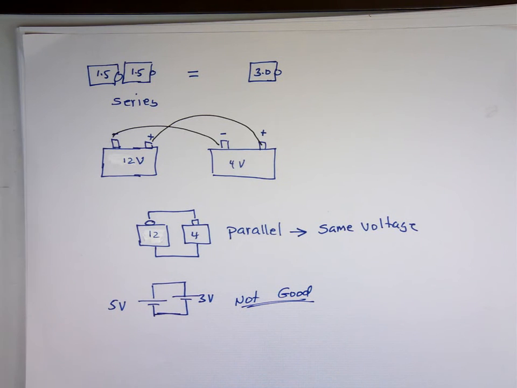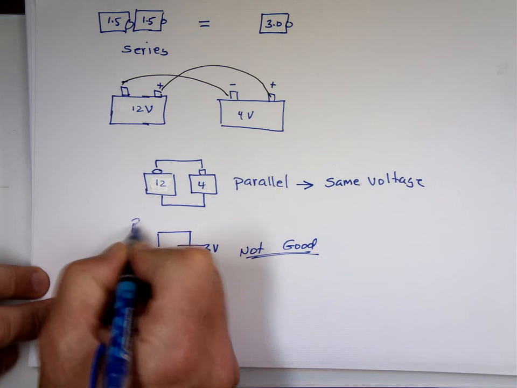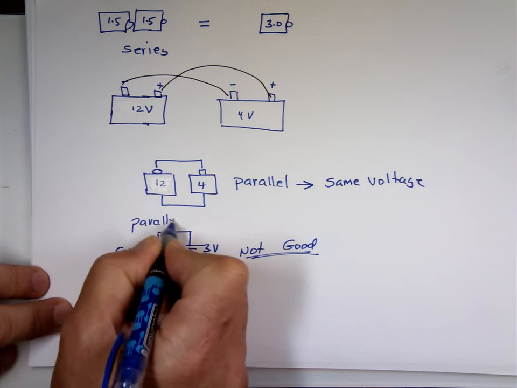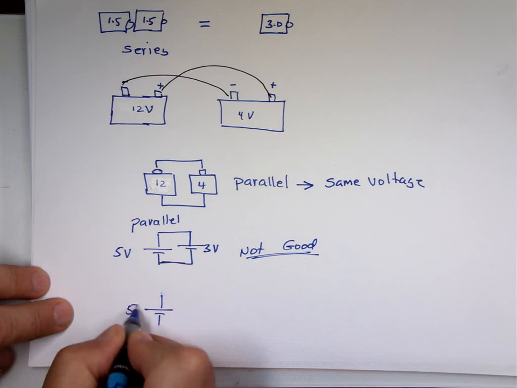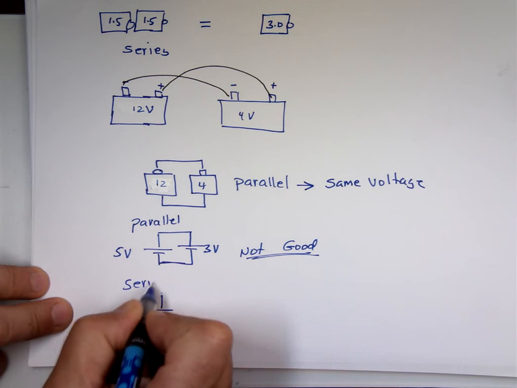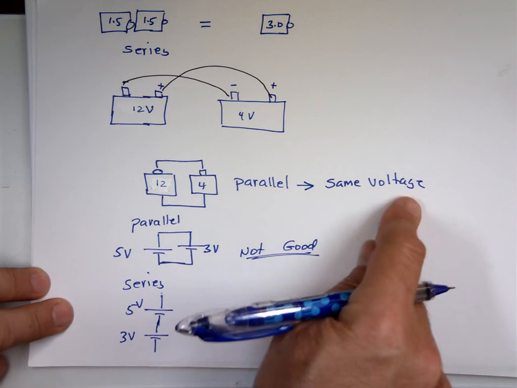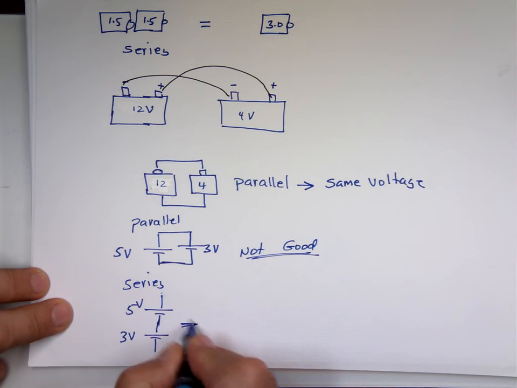You can attach them in series, that's okay. This is parallel here. You can have 5 volts here, and you can have 3 volts here. That's okay. That's connected in series now. Parallel, they have the same voltage. Series, they have the same current.